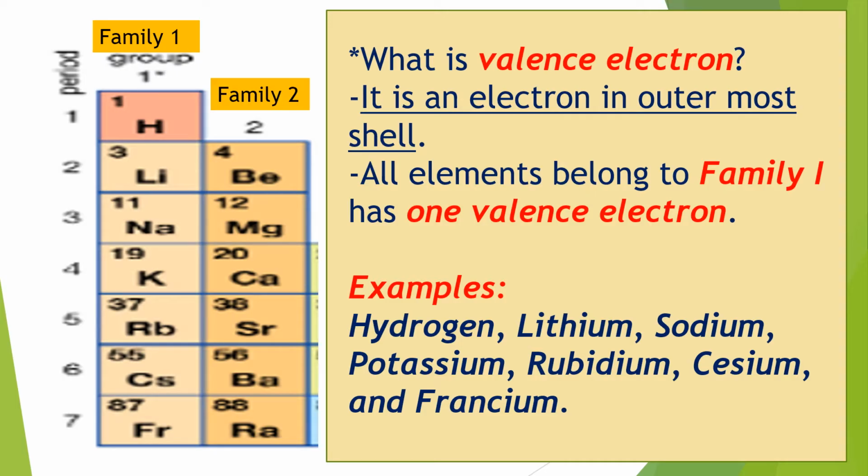All elements belonging to family 1 have 1 valence electron. Examples of elements having 1 valence electron, or all elements belonging to family 1, are hydrogen, lithium, sodium, potassium, rubidium, cesium, and francium.